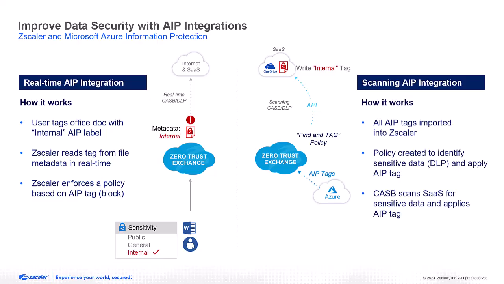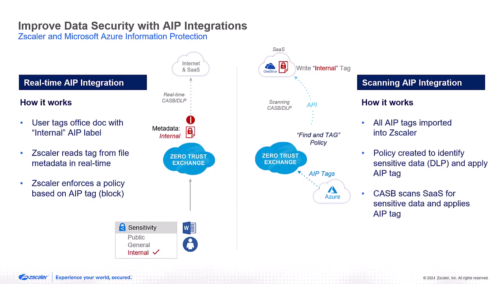With the right integration, we are also putting an AIP label on a sensitive document. For example, when we are doing data at rest scanning, let's say you have 500,000 assets sitting in your corporate OneDrive. Using our DLP policy, when we are scanning your data at rest, we will identify which assets have sensitive information.